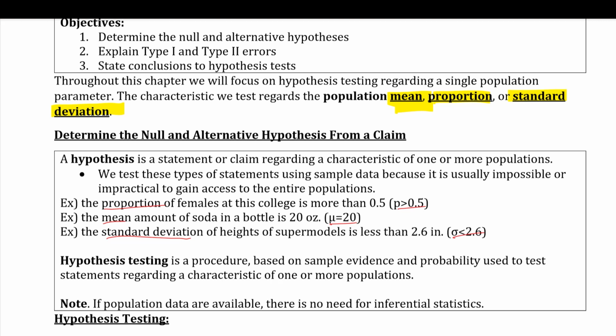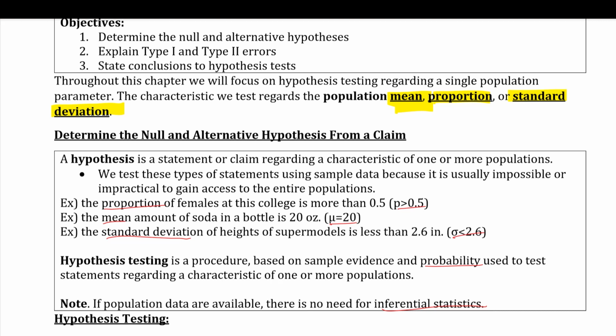Now, hypothesis testing is a procedure based on sample evidence and probability used to test statements regarding a characteristic of one or more populations, right? That's why we talked about probability before we started talking about hypothesis testing, because we're going to use everything we've learned so far. Now, one thing to note is that if you actually had access to all the population data, then there would be no need for inferential statistics, inferential statistics being confidence intervals or this hypothesis testing.